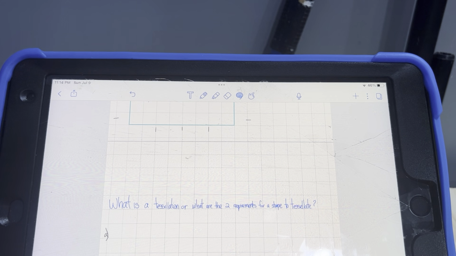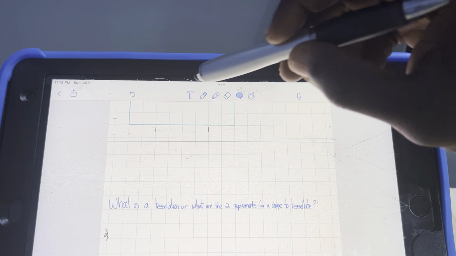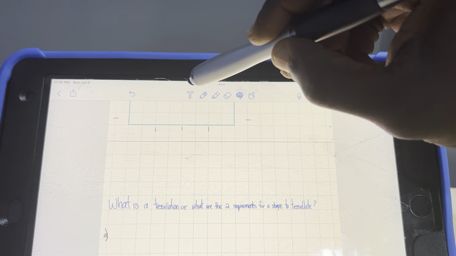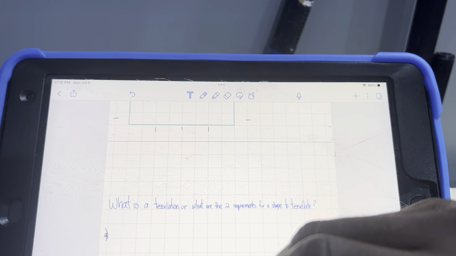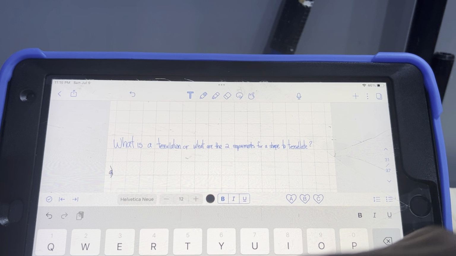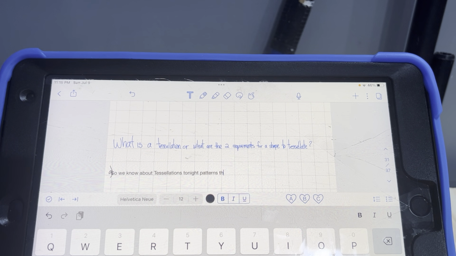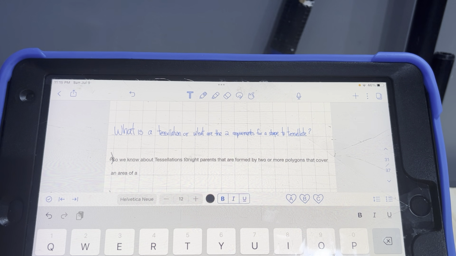I'm gonna just text in my answers here. So we know that tessellations are patterns that are formed by two or more polygons that cover an area or a plane without any gaps or spaces in between the shapes.